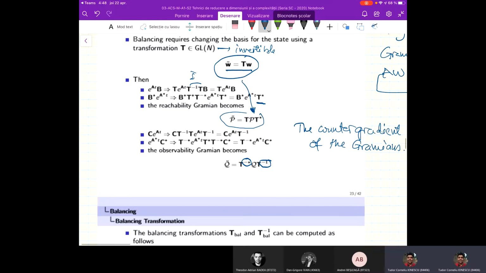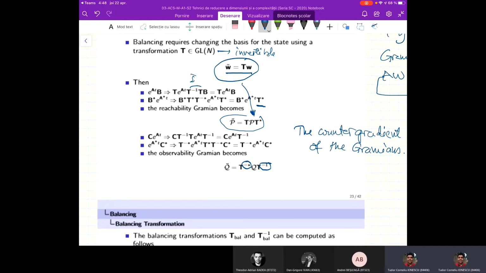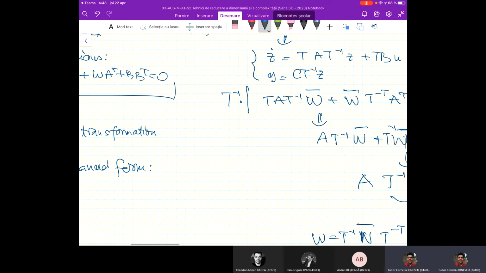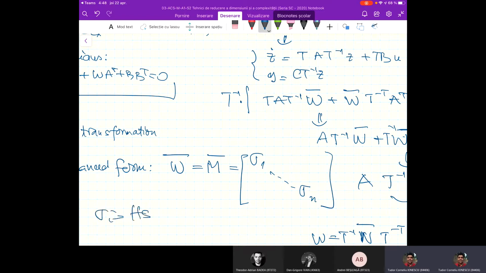Okay, fine. But now, in order to bring the system, so what's the balanced form? Balanced form means that we'd like W bar equal to M bar equal to diag of sigma 1 to sigma n, where sigma i are the Hankel singular values of the system.